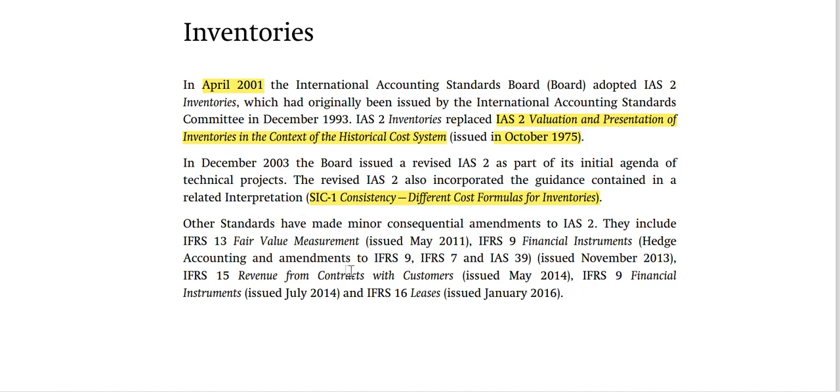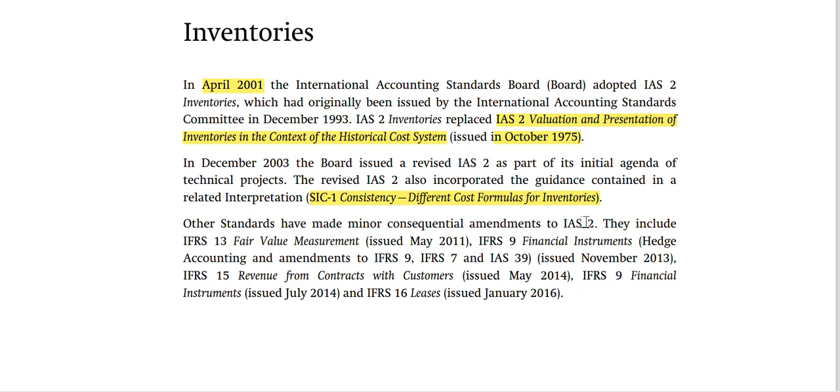So it is important for you to know this because there are other standards that have made minor consequential amendments to IAS 2. So those standards are linked with International Accounting Standard 2. However, it is not very important for you to go and read all the standards when you are reading International Accounting Standard 2.